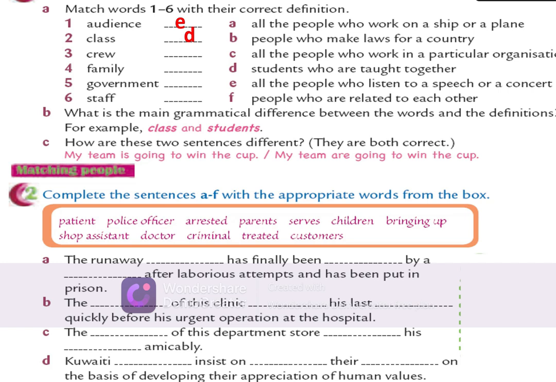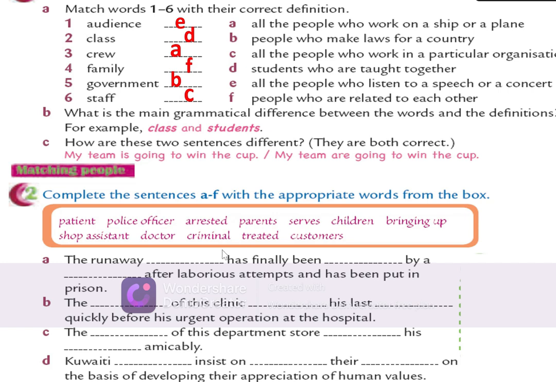Number 3, crew: all the people who work in a shop or a plane. Family: people who are related to each other. Government: people who make laws for a country. Staff: all the people who work in a particular organization.